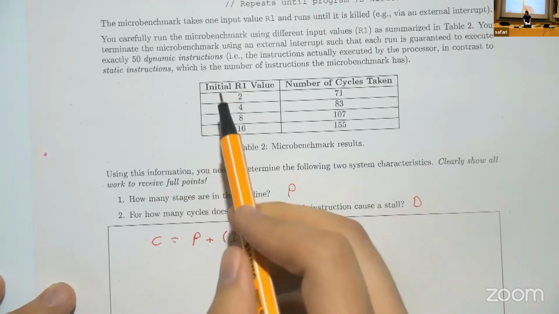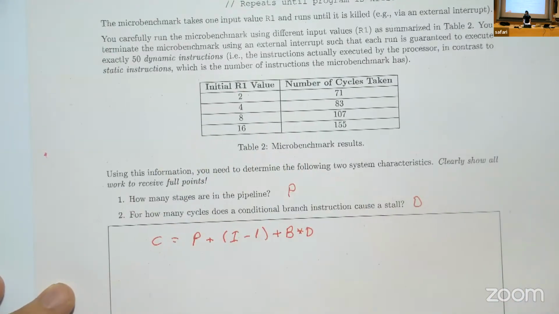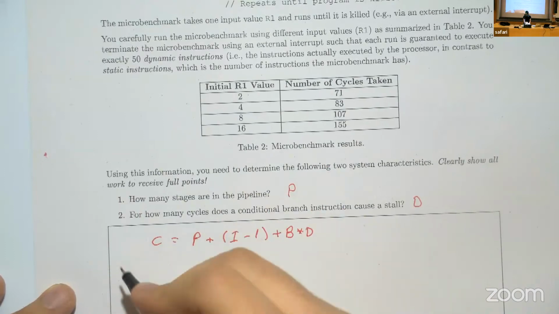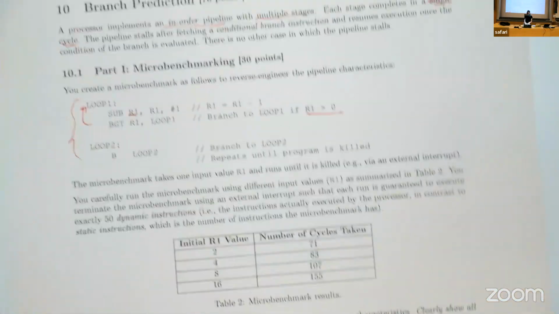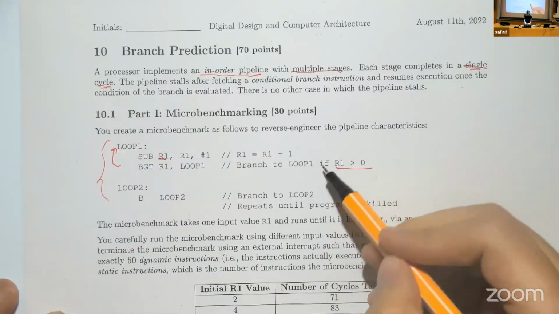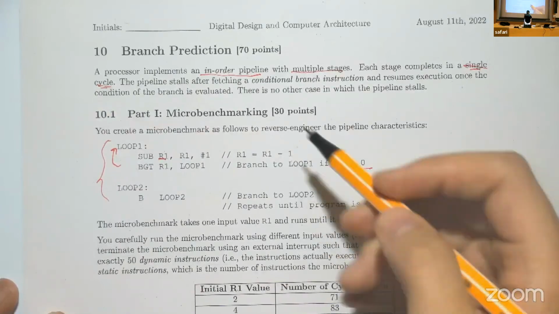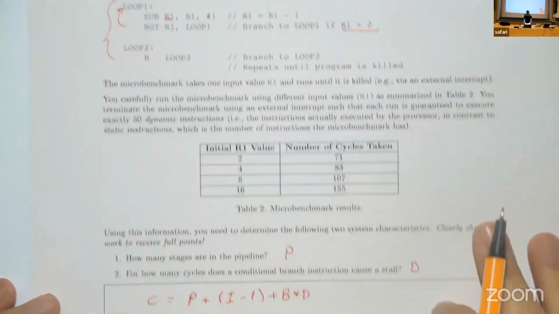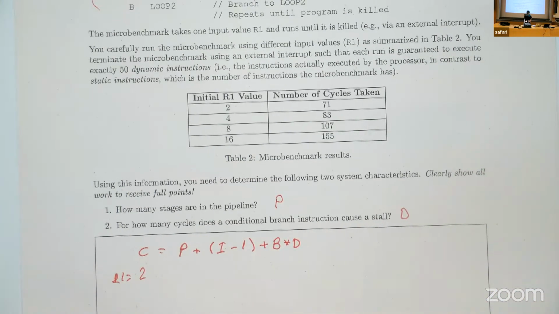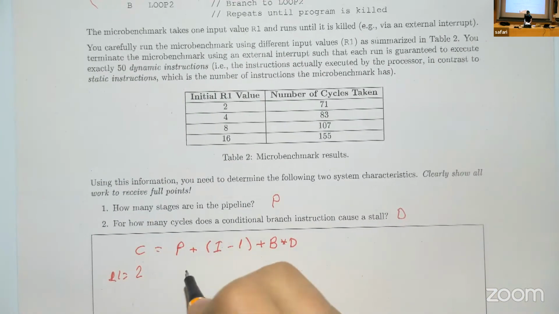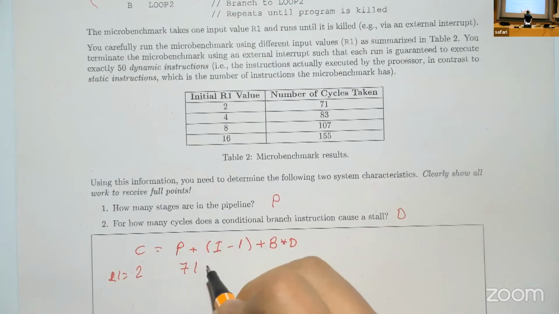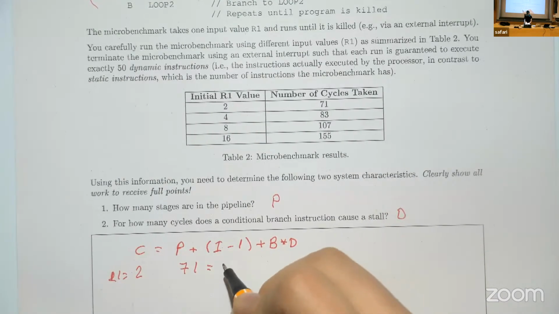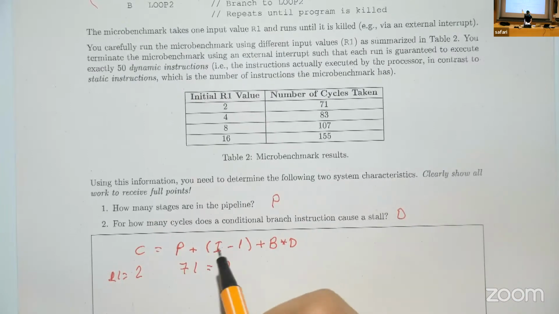When we check this table, we can put some numbers in place. Let's first do R1 equals 2. We know that this loop will execute 2 times because we subtract 1 in each iteration. So we can write the numbers in place. It takes 71 cycles. We don't know the number of stages, so it should stay as is. And we know how many dynamic instructions we will execute.